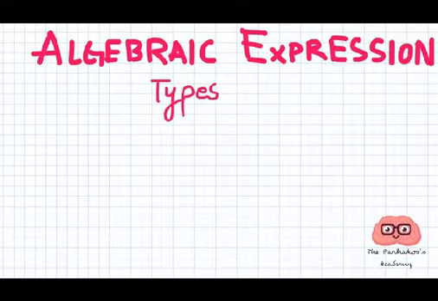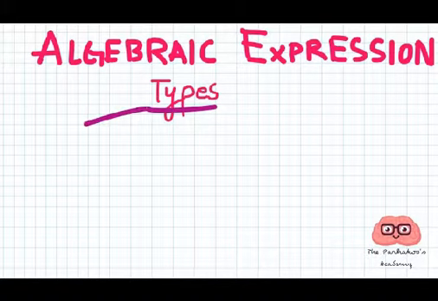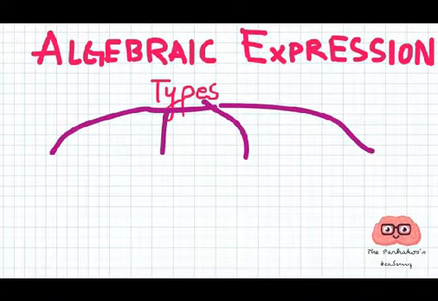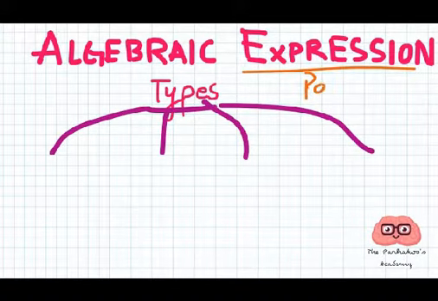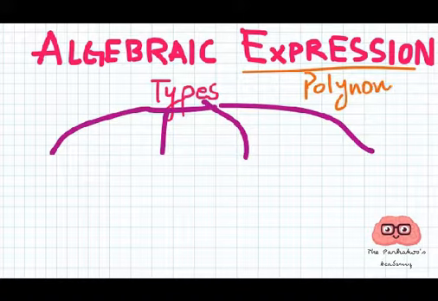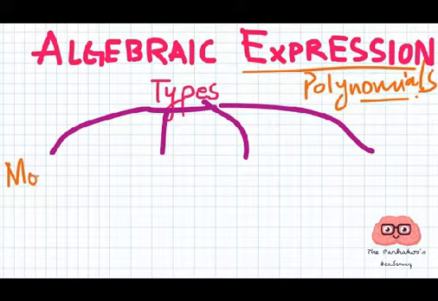Here we are going to discuss the types of expression as well. We have 4 basic types of algebraic expressions. Algebraic expressions are also called polynomials, remember. The first kind is monomial.